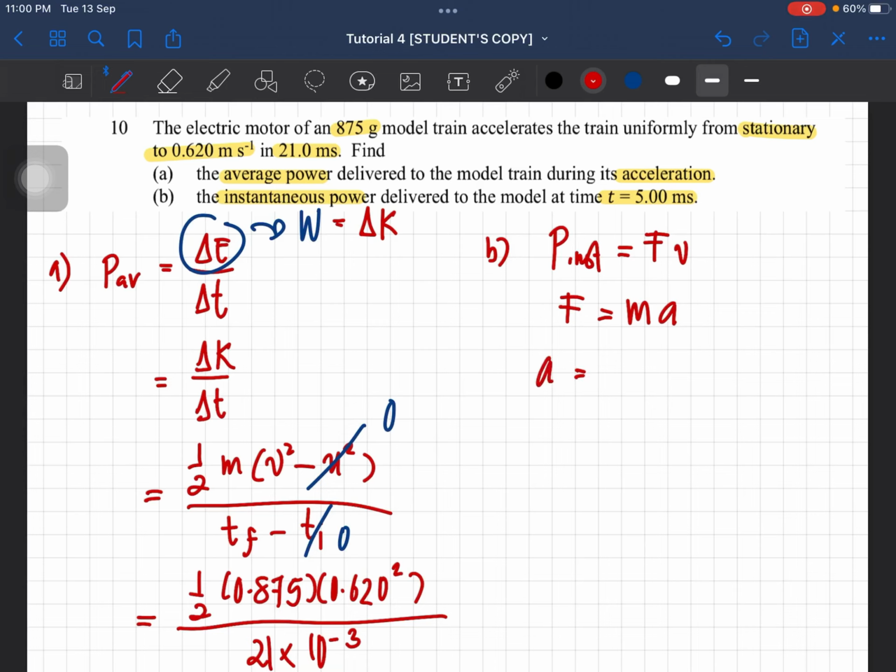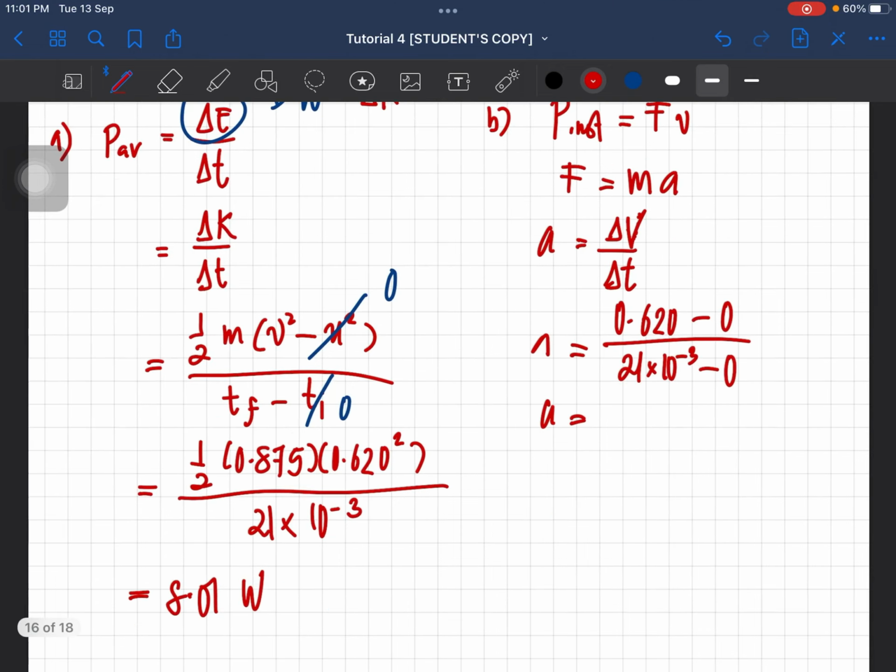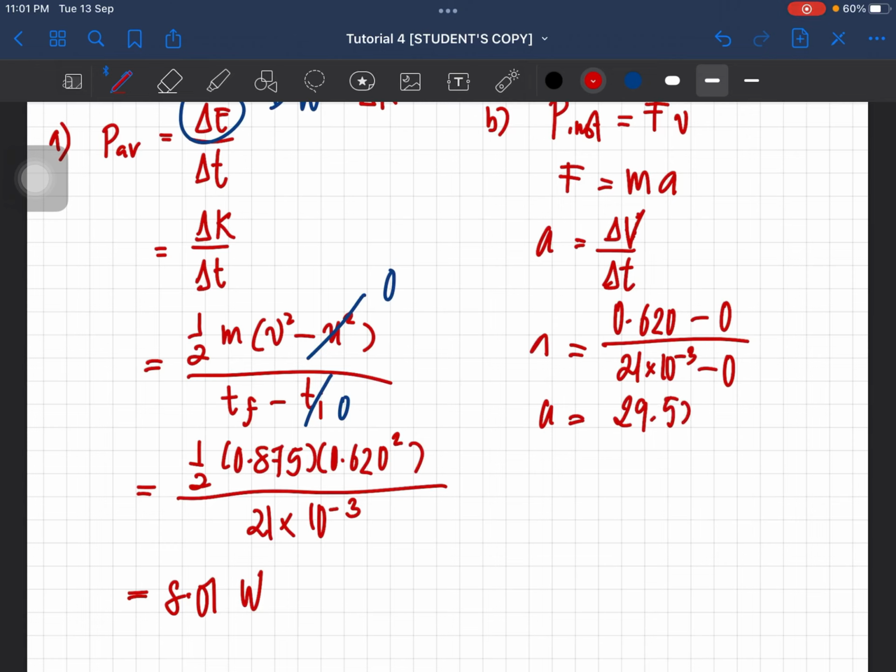Remember, acceleration is the rate of change of, apa itu? Delta V over delta T. Okay, so delta V is our speed, which is, where is it? 0.62 minus 0 over 21 minus 0. Okay, so acceleration tu kita dapatlah 29.52 meter per second square.